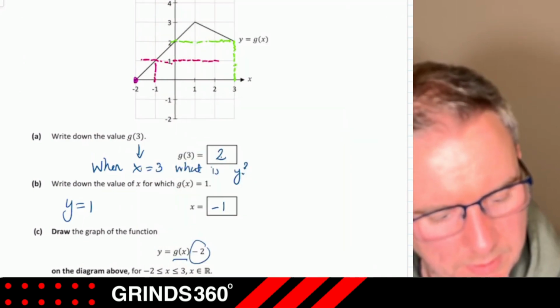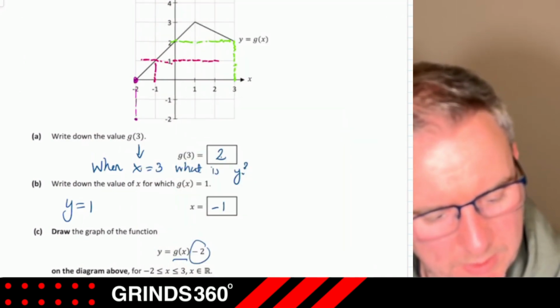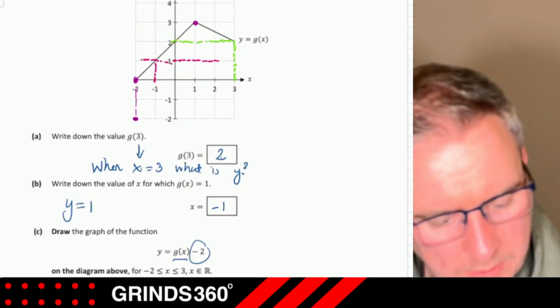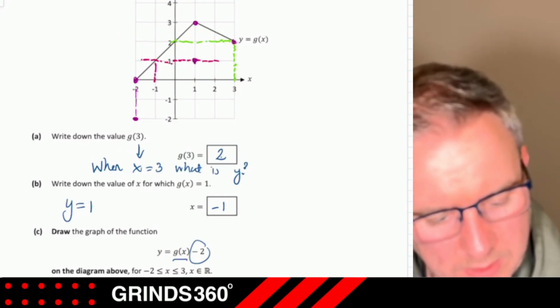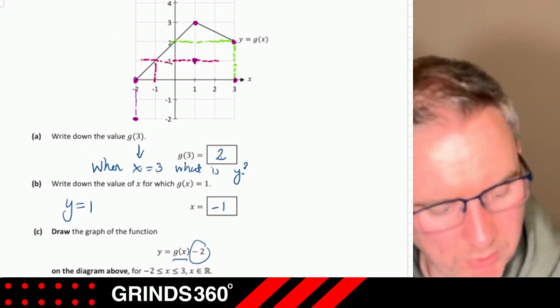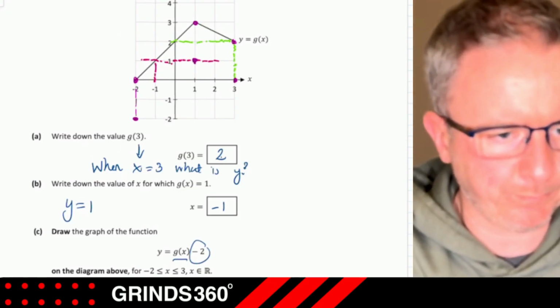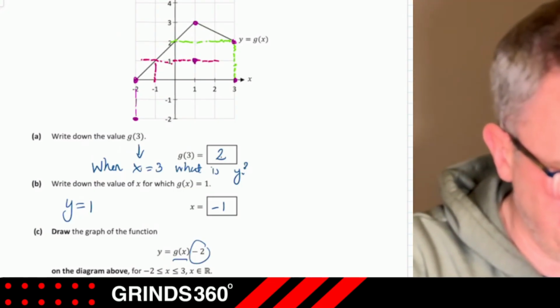So dropping it down by 2, dropping it down by 2, and take that point there and drop it down by 2. And all I need to do then is just with my ruler, connect those back up.